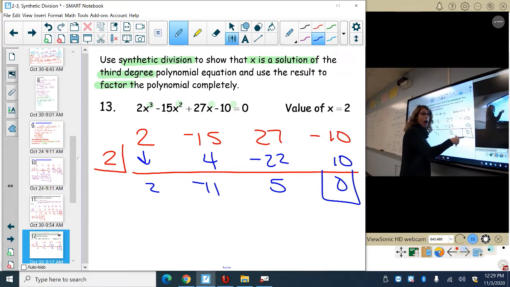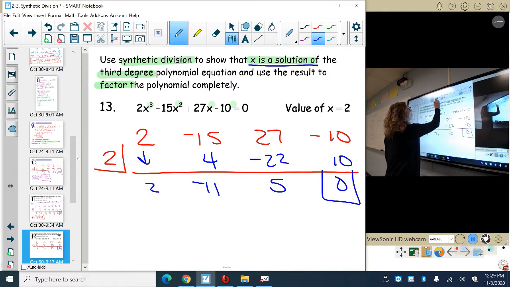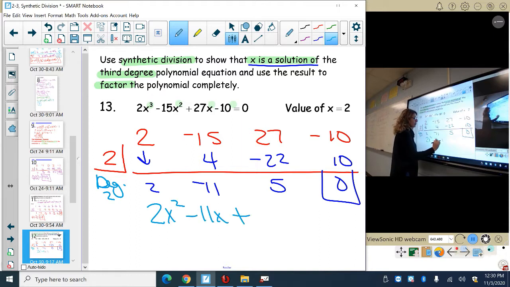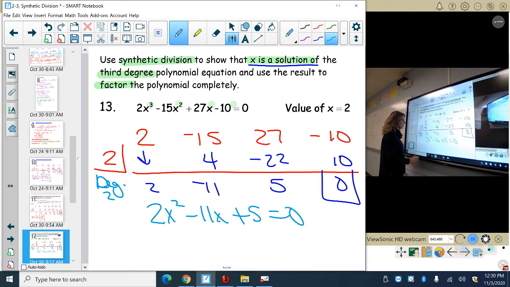If this is not 0, then you made a mistake and you have to redo the problem, because the directions say it's a solution. If it's a solution, it has to be 0 here, which means this is now going to be degree 2. So that's 2x squared minus 11x plus 5, and that thing has to equal 0.